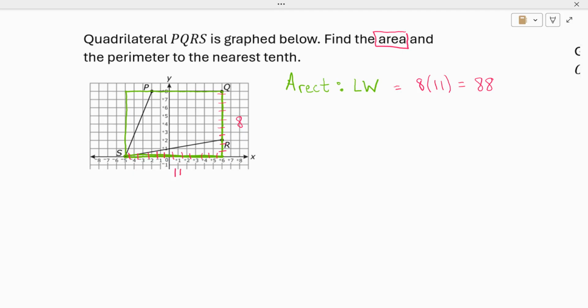Okay? By creating that rectangle, what did we add to the shape? We added this shape right here. We added a right triangle on the left side. Awesome.